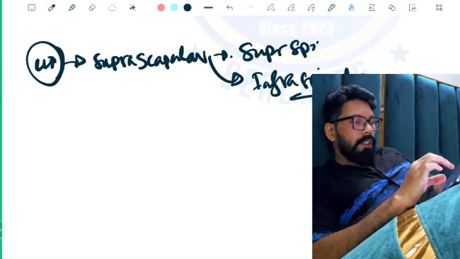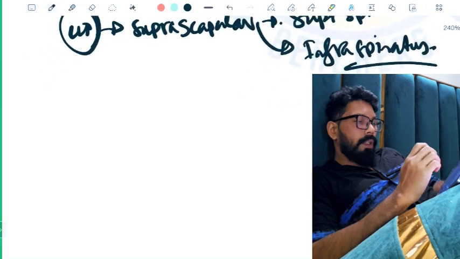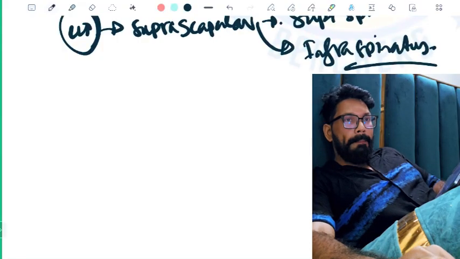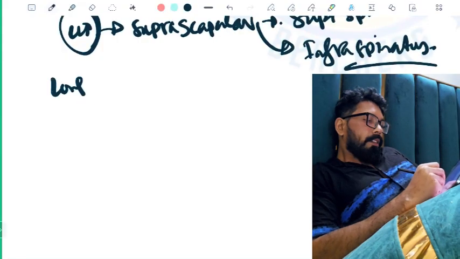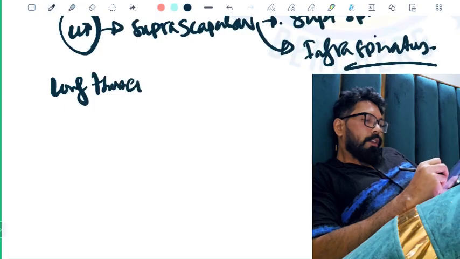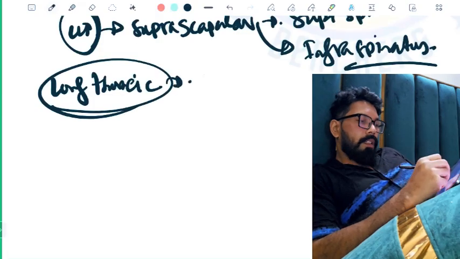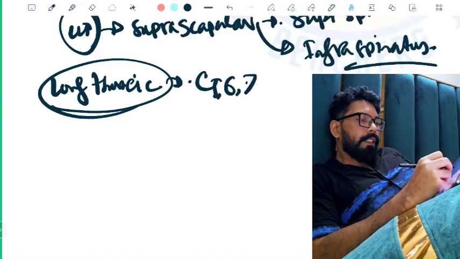Okay. Then we have long thoracic nerve from roots C5, 6, 7.